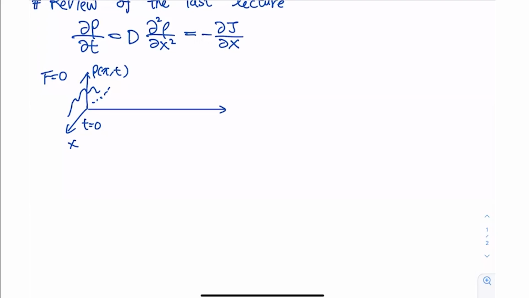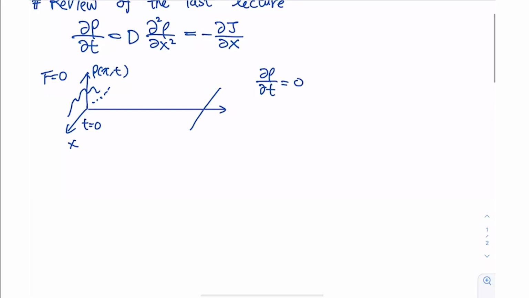But before we did that, we tried to ask the first-level question: can the system reach equilibrium? That is, if there's a chance that this term is equal to 0, then we are able to solve for the equilibrium configuration of our density profile.